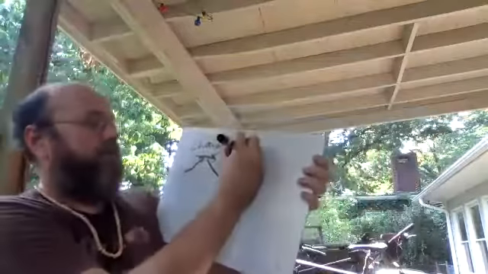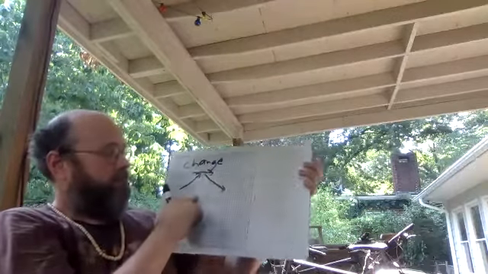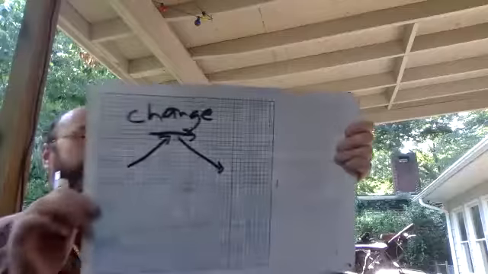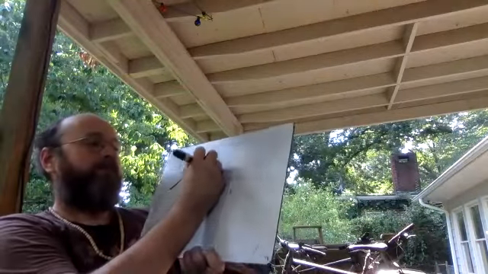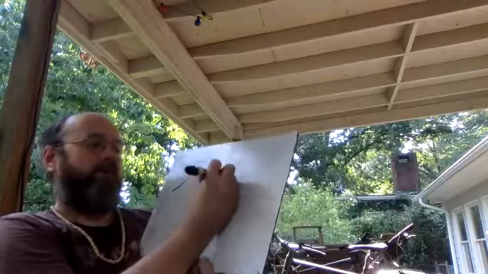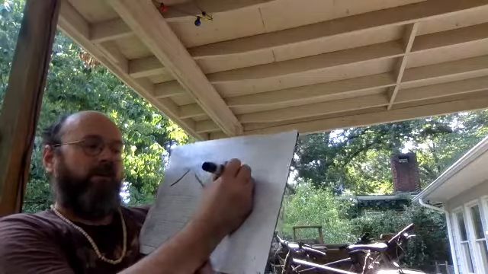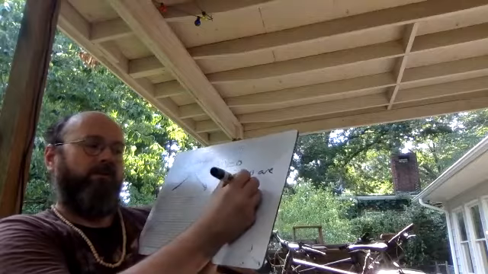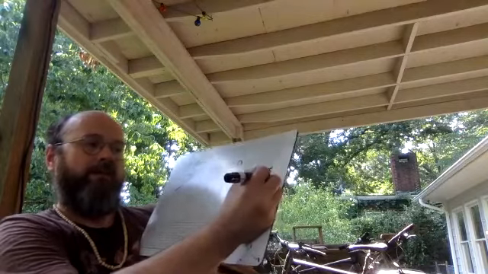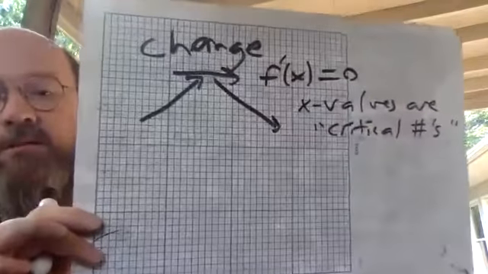So changes of direction, increase to decrease, pass through a point where the derivative is 0. These x values, remember, are called critical numbers or critical values. That's what the x value is called.